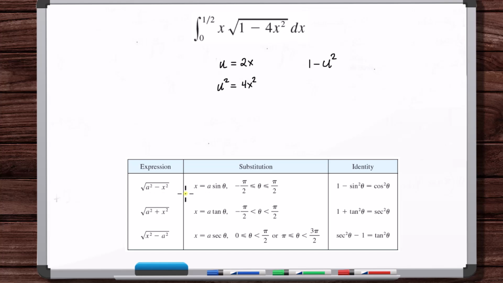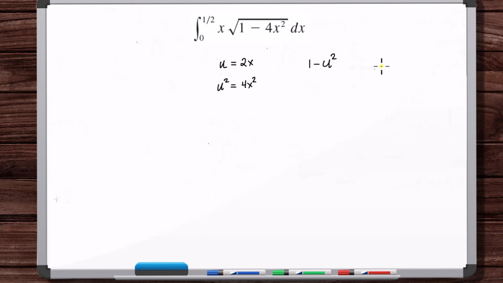And so, assuming x is u, we would say that u is equal to a sine theta, where a is 1 in this case. All right? So u is equal to just sine theta, but then u is equal to 2x. Therefore, x is equal to sine theta divided by 2. And that's the substitution that we want to make. That's how you figure out what the substitution is going to be.